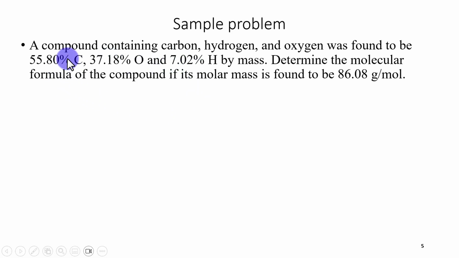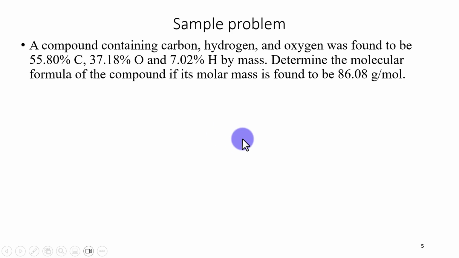Then you convert these to moles by using the molar masses of each element, and then figure out which one is the smallest number in those molar coefficients. Divide through everything by that same number. That gives you the empirical formula of the compound.